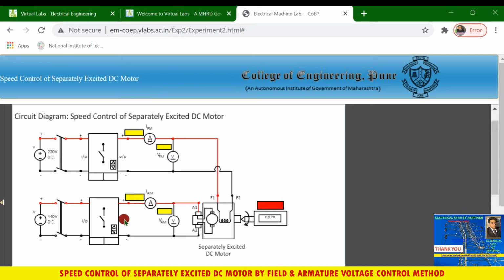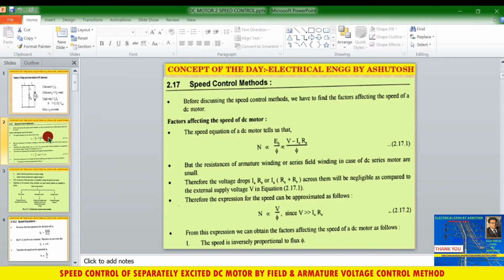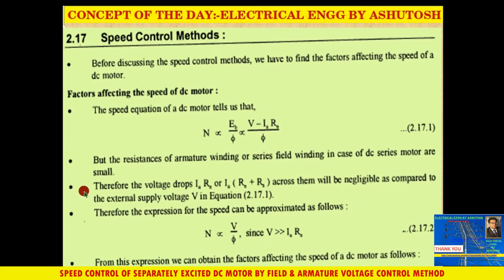So we will go to our PowerPoint presentation. This is the method of speed control. The speed equation of a DC motor tells us speed is directly proportional to back EMF upon flux, that is Vt minus Ia Ra upon flux.